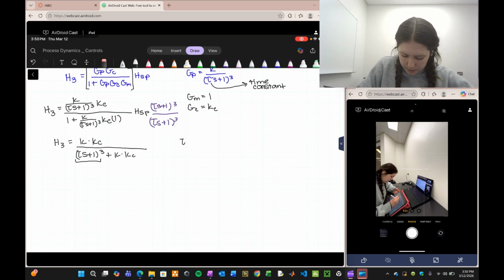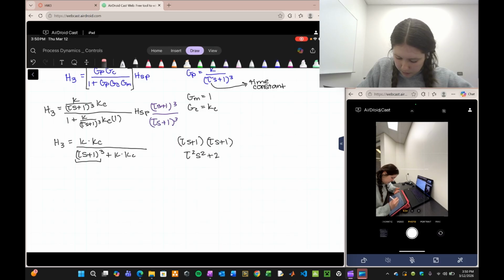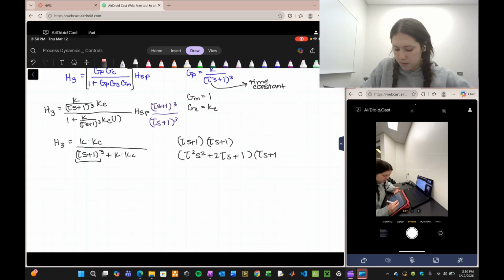So we have tau S plus 1. Let's just start out by doing it squared. We get tau squared S squared plus 2 tau S plus 1, I believe. And then multiply it again by another tau S plus 1.